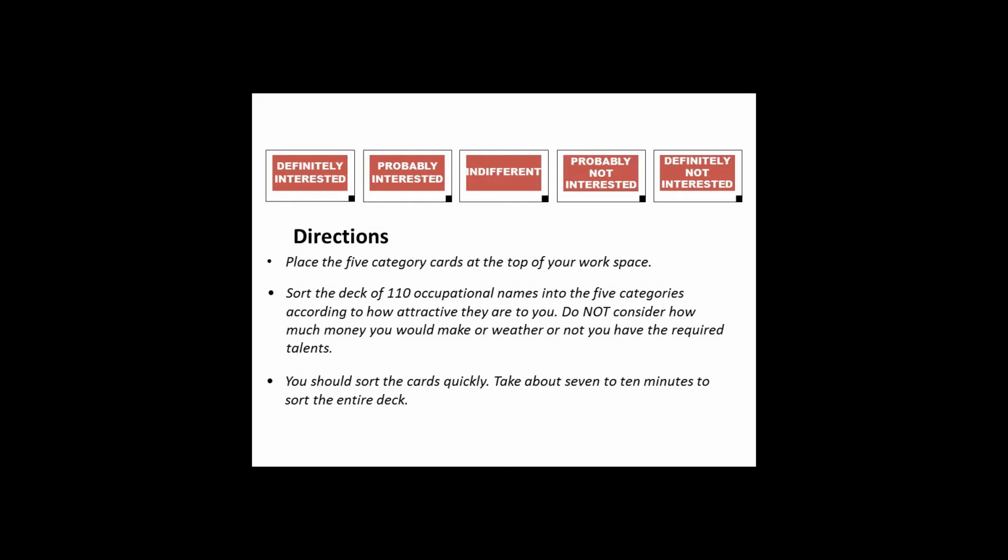I then ask them to sort the deck of 110 occupational names into the 5 categories according to how attractive they are to the client. That's not to consider how much money they would make or whether or not they even had the required talents. It's only according to how attractive those occupations are. You should sort the cards quickly, taking about 7 to 10 minutes to sort the entire deck.